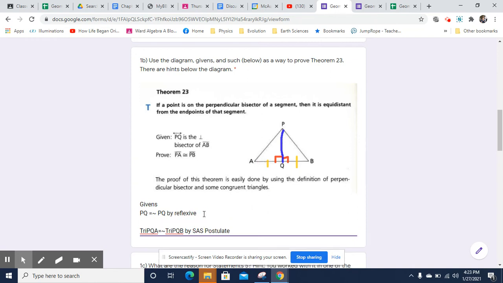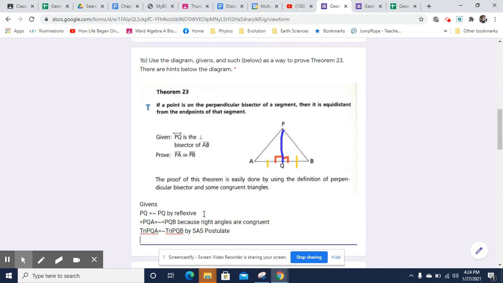I might need to say that angle PQA is congruent to angle PQB because right angles are congruent, and that is actually Theorem 1 from this book. And then we've got enough information now to say that PA and PB are congruent. So PA is congruent to PB by CPCTC.